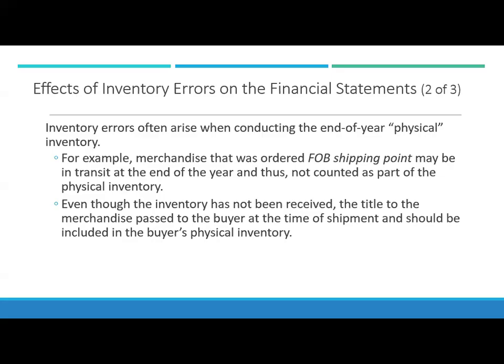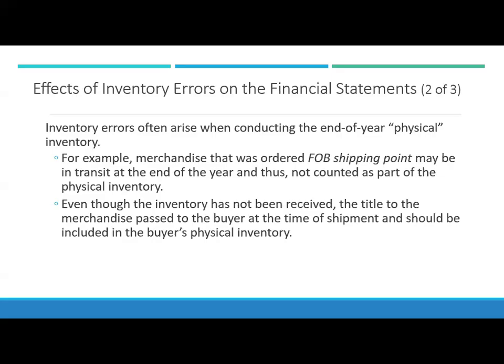And so there is a reconciliation done after year end. We take a look at all the shipping documents and determine what inventory was shipped to us before the end of the year. And also for inventory that we're selling FOB destination, we have to determine at what point it was actually delivered to the customer. Was it delivered before year end? Do we get to recognize that revenue and then take the inventory out of our control?